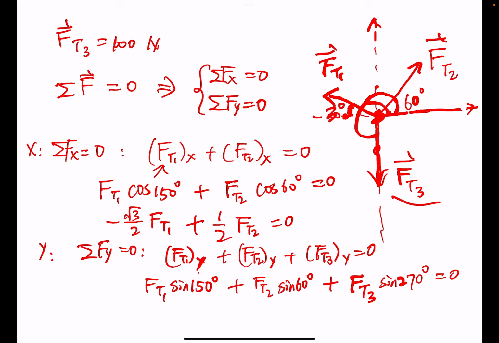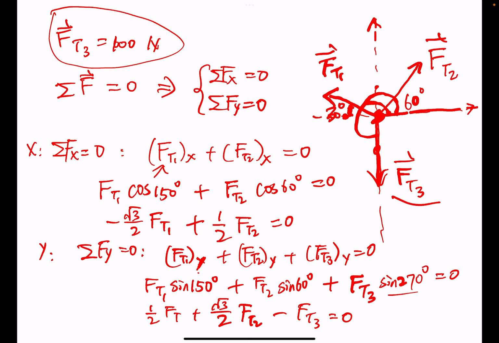Plug in the numbers, this gives us 1/2 Ft1 plus square root 3 over 2 Ft2. Sine 270 degrees just gives us -1. So minus Ft3 equals 0. And Ft3 is 100 Newton as we already solved.